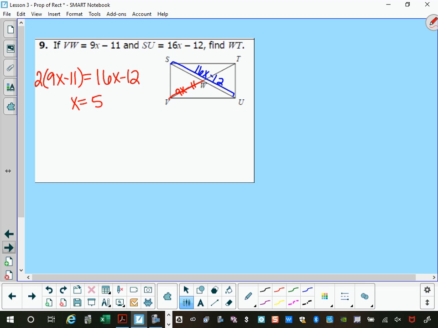Okay, they're asking me to find WT. So I know whatever BW is, the same thing is going to be for WT. So let's just plug it in. 9 times 5 minus 11 leaves me with what? 34. So that means that BW is 34 and also WT is 34.